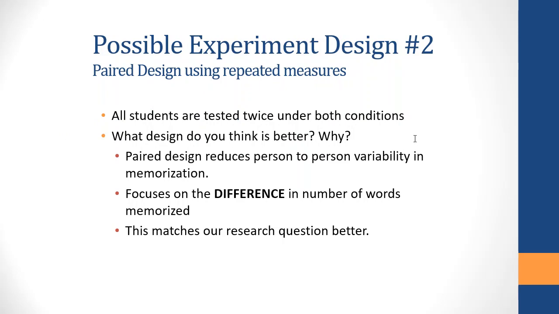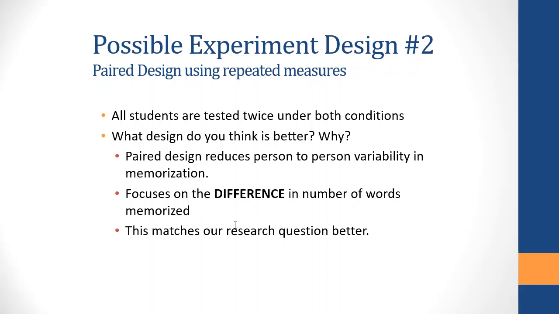So you would test every student with music with lyrics and every student with music without lyrics, and then you would focus on the difference in number of words memorized. So you would have maybe a minute to memorize words with music on, get tested on your memorization, then another minute to study a different list of words to memorize, but the music had lyrics that time, and then see how many they memorized, and look for each person, how much of a difference did it make.